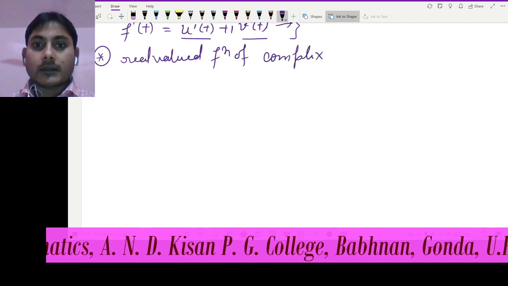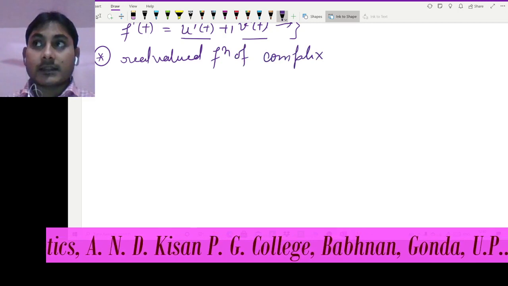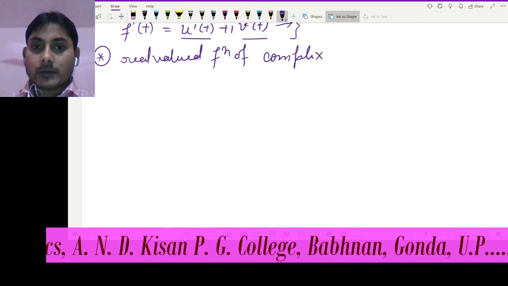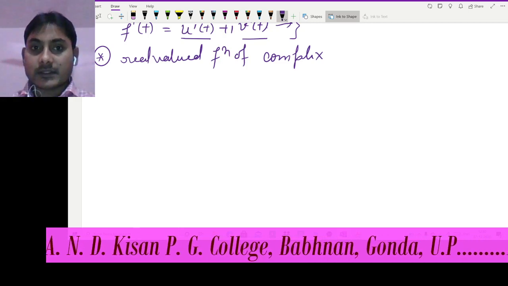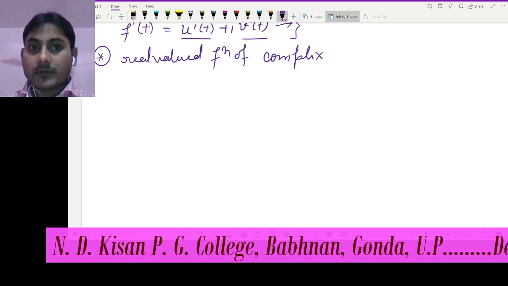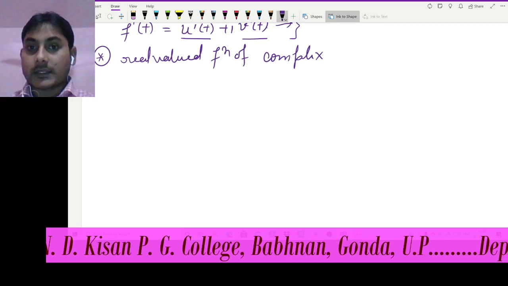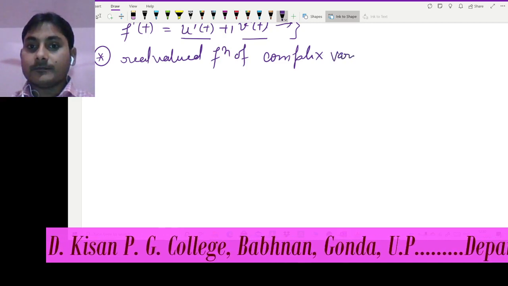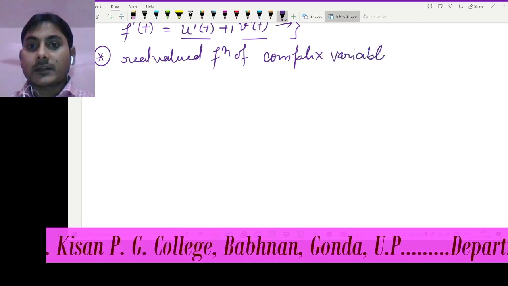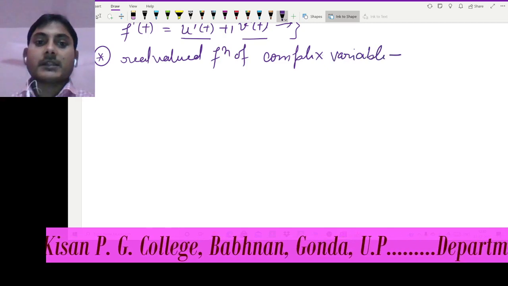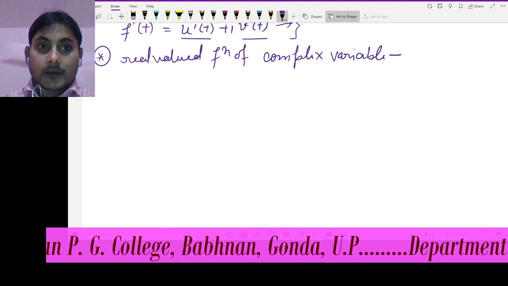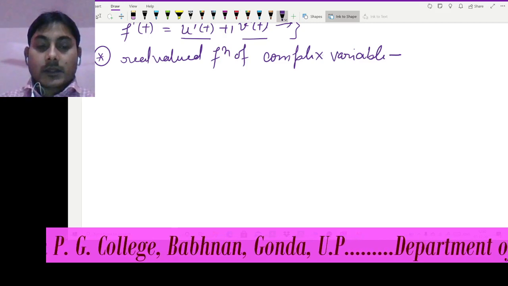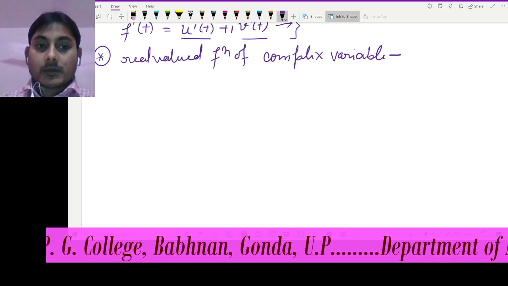I think I finished the last class by discussing certain things related to this real valued function of complex variable.